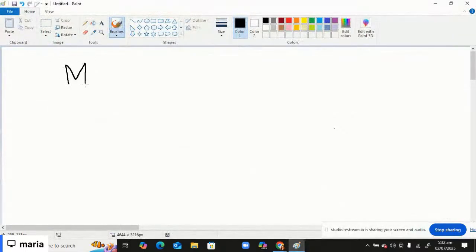Let's do it here. For example, if some kind of data is given, first of all, let's do the mean. I'm going to write the data down here. Let's suppose it's 2, 3, 1, 7, 5, and 2.